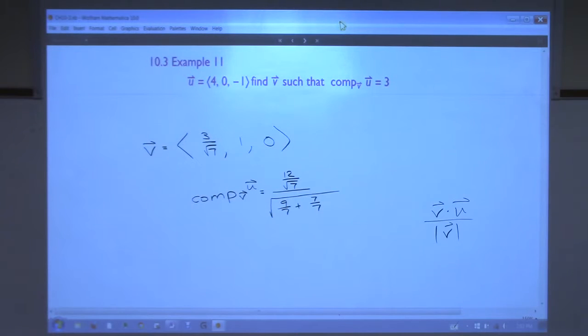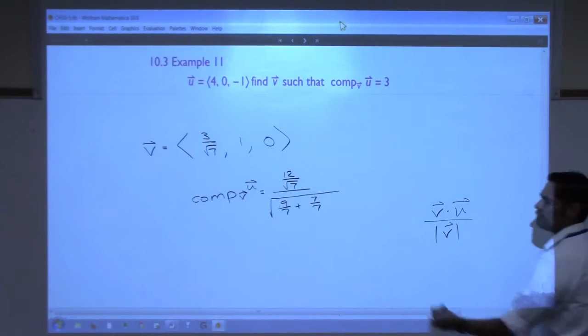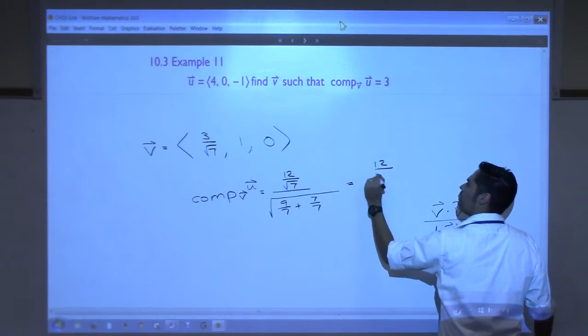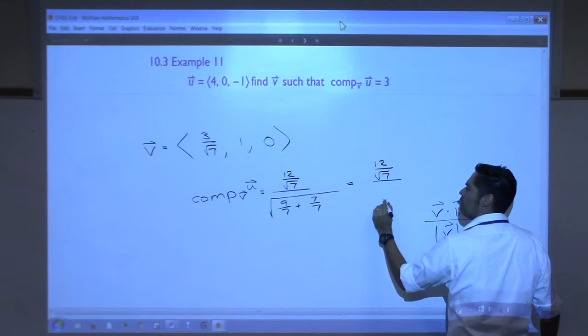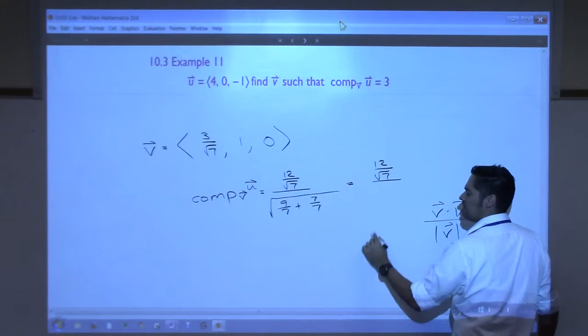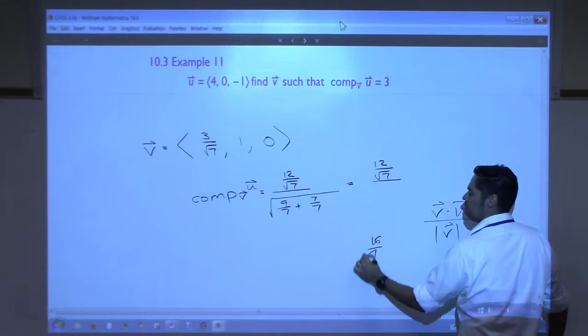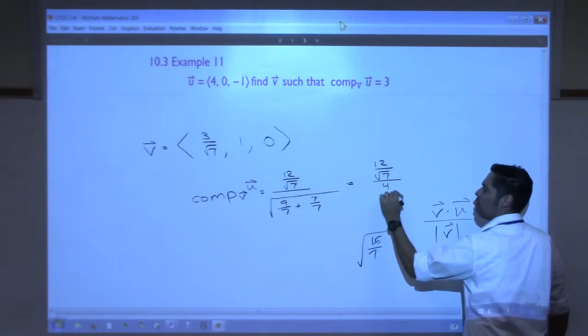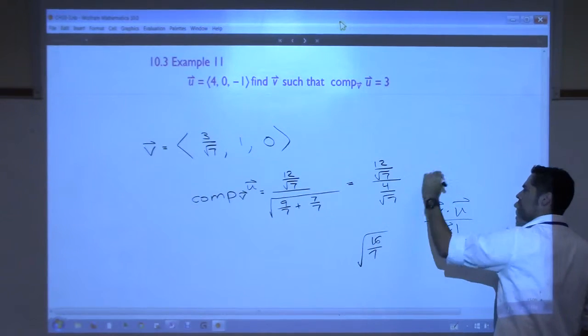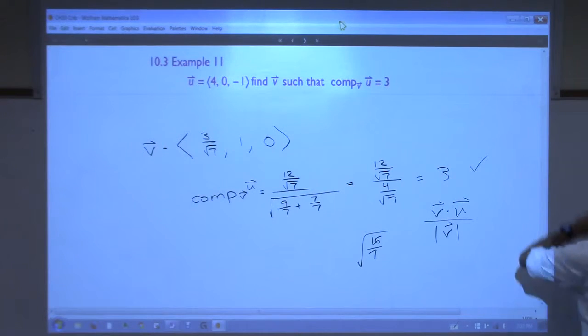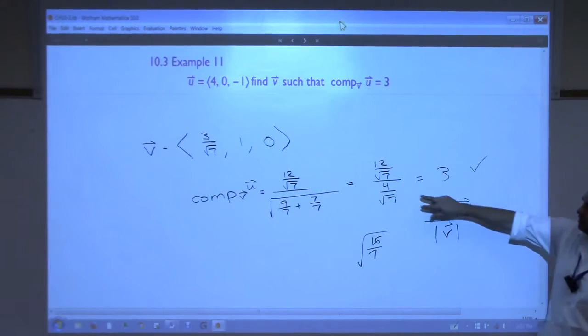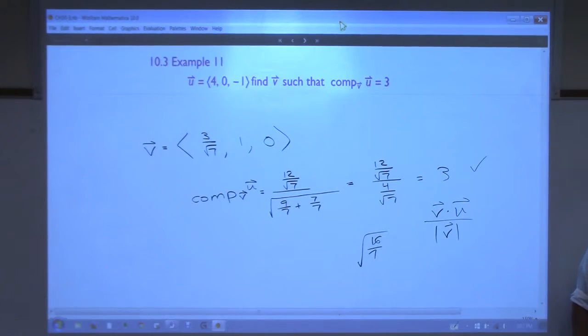So that's what? 16/7? So 12 over root 7 over 16 over 7 root, which is the same as 4 over root 7. Flip it, 3. Check. That's right. Y'all see it? Okay. Feel better about that.